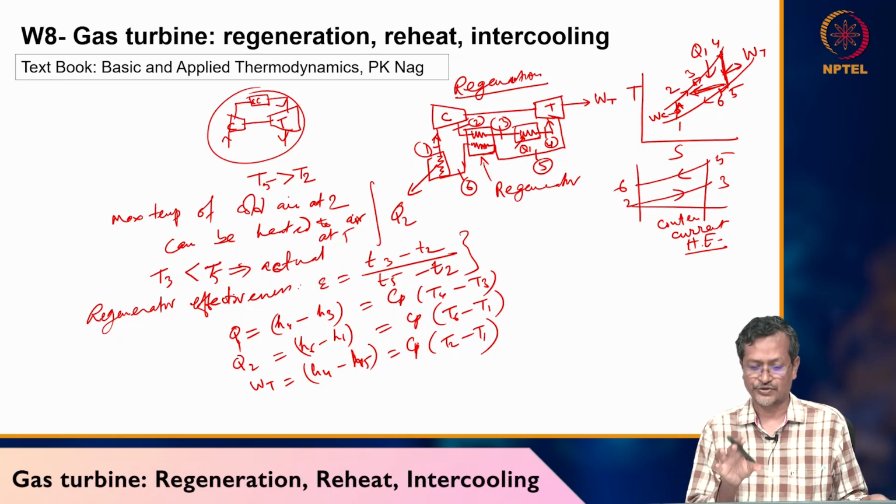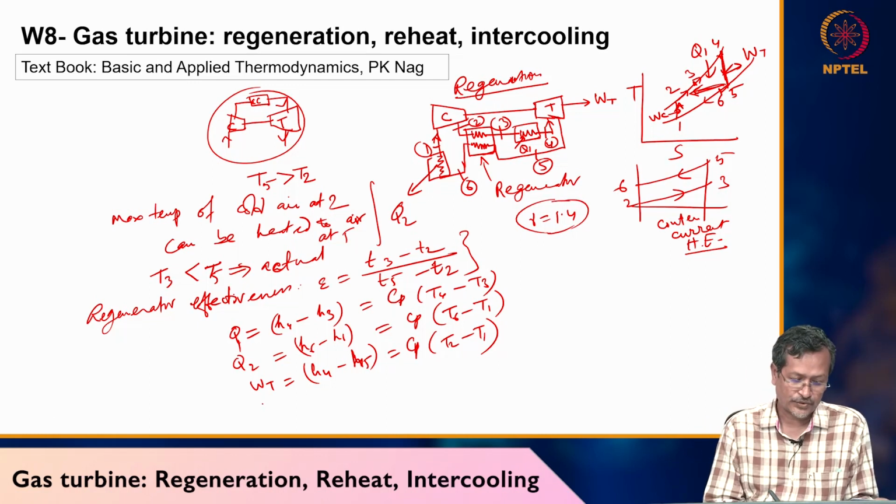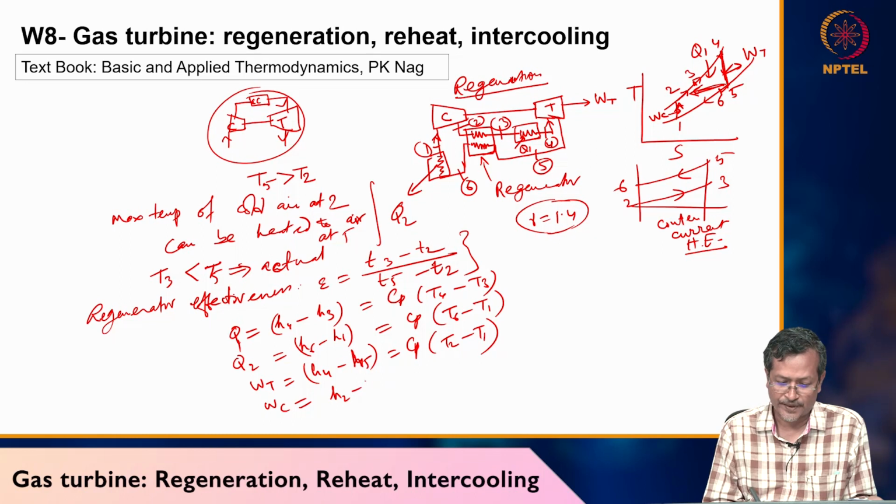Approximately, you can assume constant Cp. For approximation purposes, we normally assume Cp and Cv are constant, and normally the gas gamma value is 1.4 if no value is given. Compressor work, the power you give to the compressor, is H2 minus H1, again Cp times (T2 minus T1).